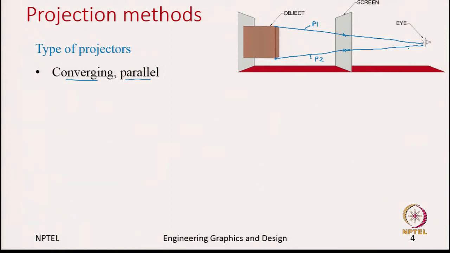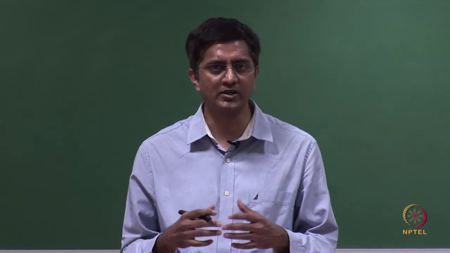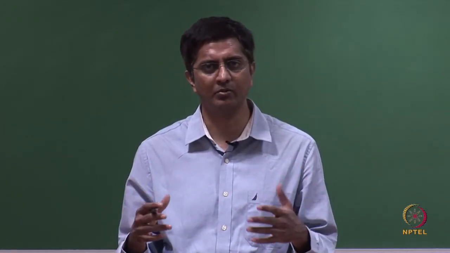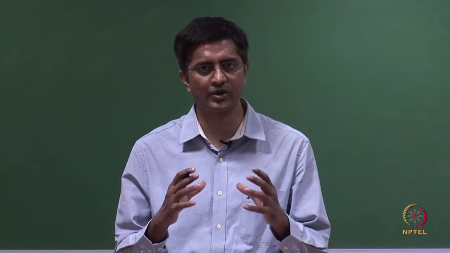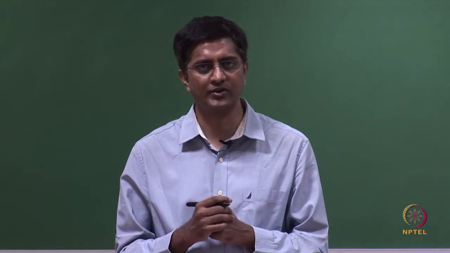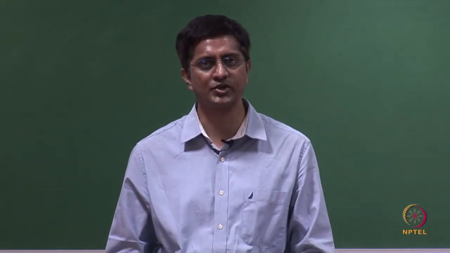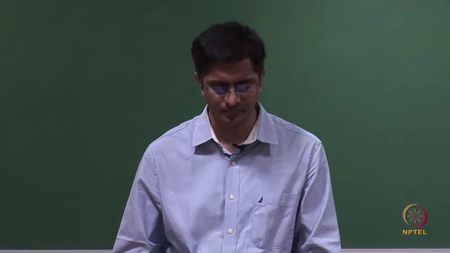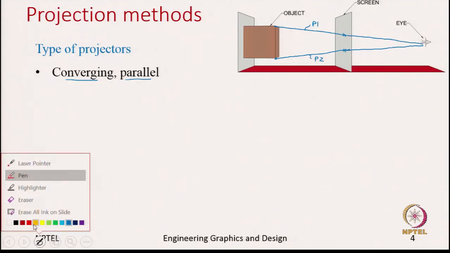Now, let us assume that the observer is watching the object from a very far distance. Let us say, in mathematical terms, he is looking from infinity, but in real terms let us say he is looking from a far off distance. Then how do these projector lines look? Let me use a different color.